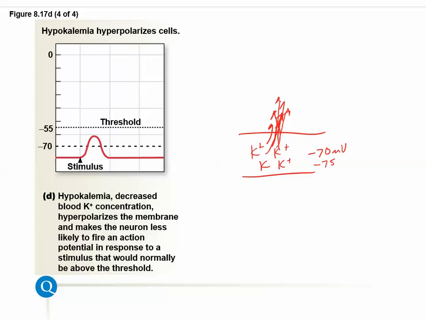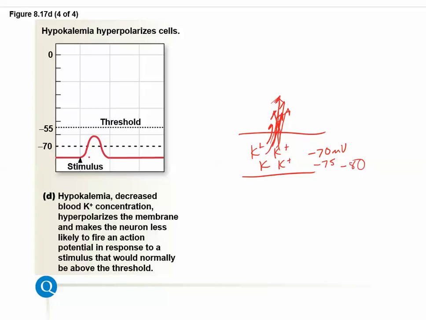When your blood potassium levels are low, these guys want to move even more because when that concentration gradient changes that much, it's just a mad scramble to leave. And so it might get to minus 75, minus 80, and then you can't get your muscle to fire.